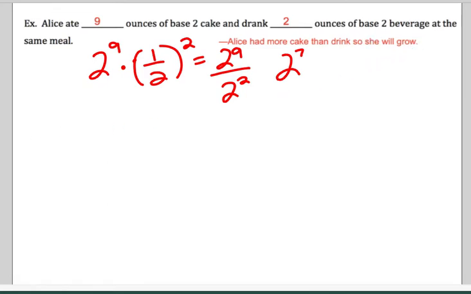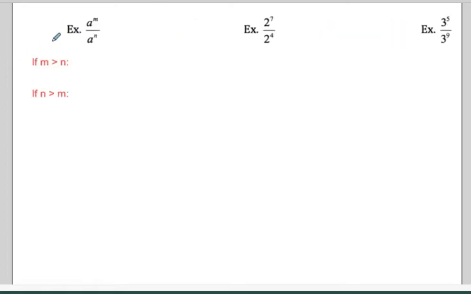So, for the rest of our examples, let's take a look here. Just in our same format, a to the m over a to the n. The a's are the same base, so we know we can subtract our exponents. Let's say that m is bigger than n. Then our answer is going to be a to the m minus n.